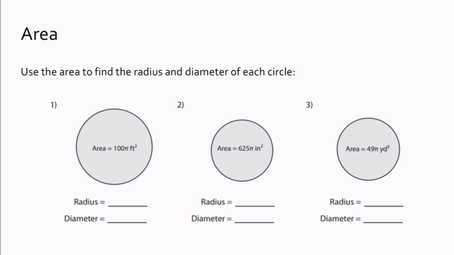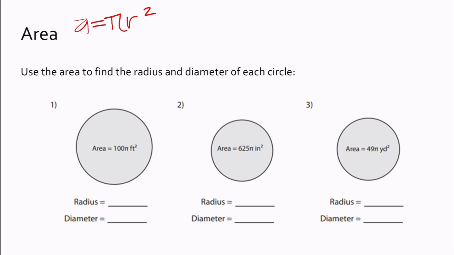Here again, we're going to work this backwards. I want you to pause this video for just a minute and use the area to try and find the radius and the diameter of these circles. All right, so remember the area is pi times the radius squared.